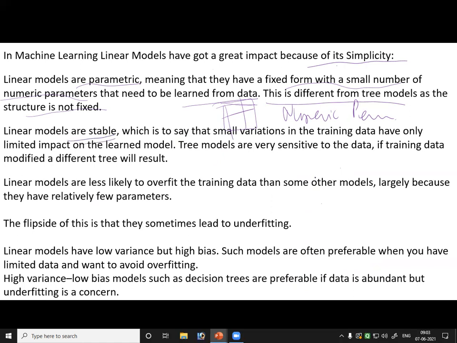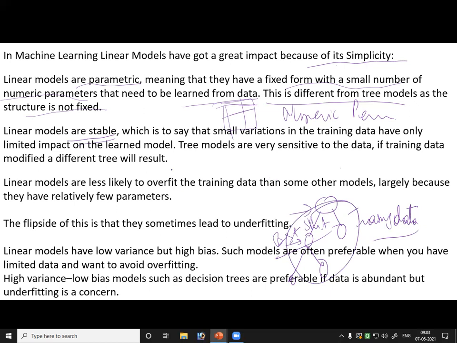And my dear friends, we learned trees, right? We will find the best split here. How do you find the best split? According to the training data. And if the training data gets changed, automatically the entire tree structure will get changed.